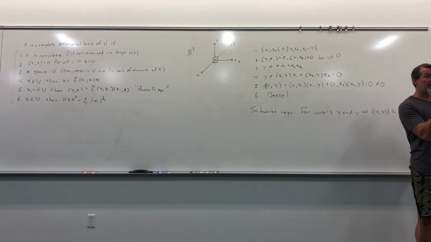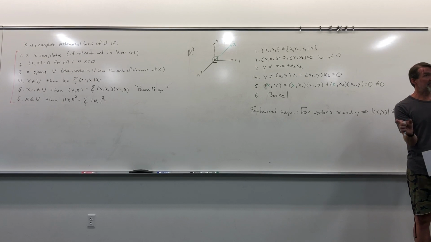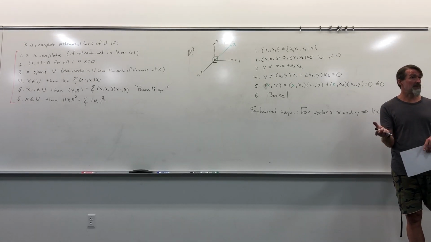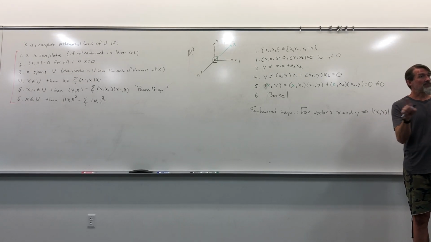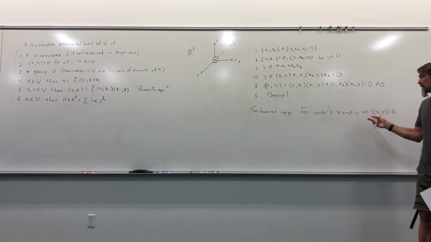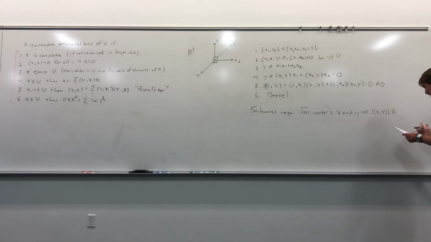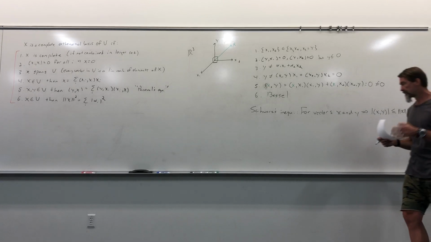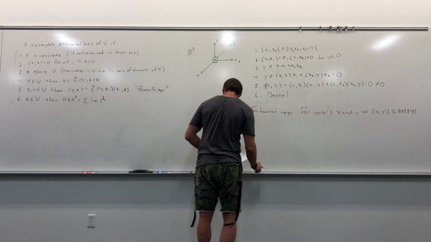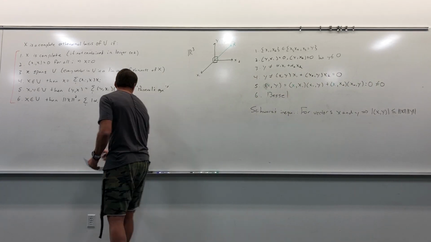The inner product of a vector with itself needs to be positive, or 0 if the vector is 0. But if you're taking the inner product of two different vectors, you can get negative. So that's why I'm doing this absolute value. Is less than or equal to the magnitude of vector x times the magnitude of vector y. Okay? And so this is Schwarz's inequality.